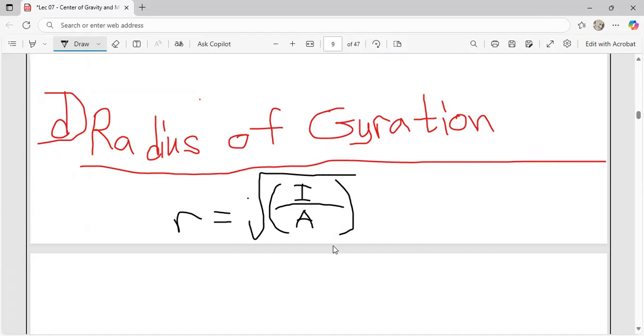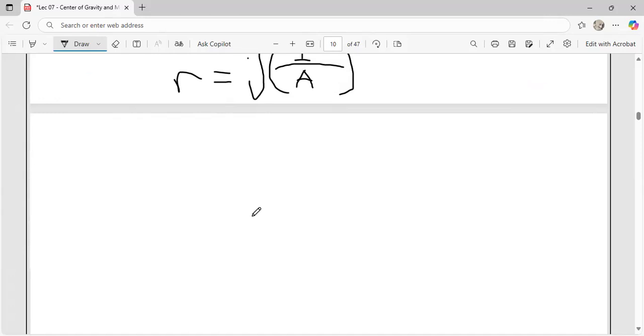But you have to calculate the radius of gyration about XX, and you also have to calculate the radius of gyration about YY. We have to calculate for them one by one like that.